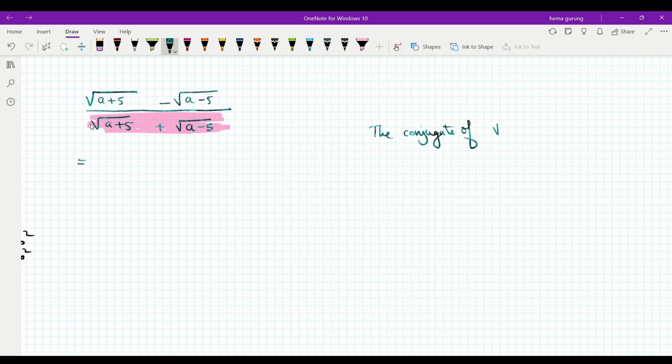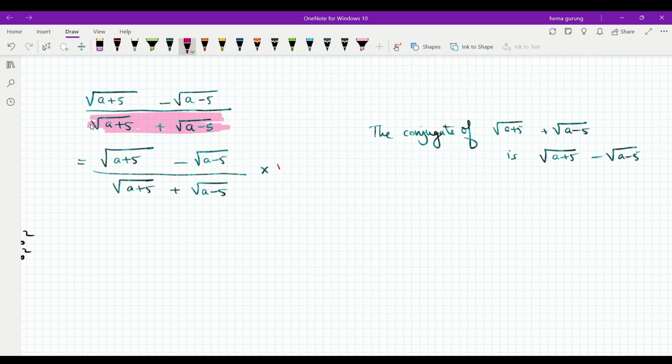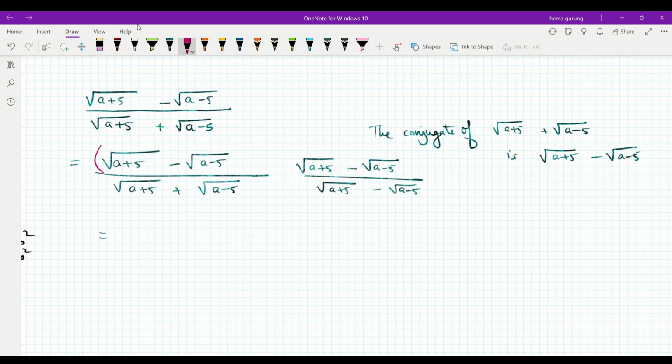The conjugate is √(a+5) − √(a−5). Now I told you we need to put brackets, right?